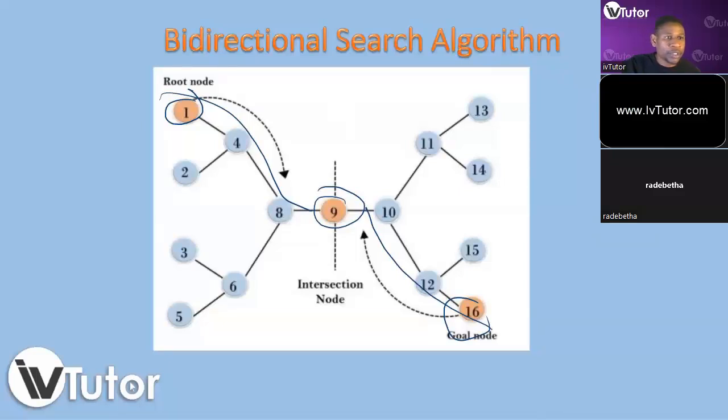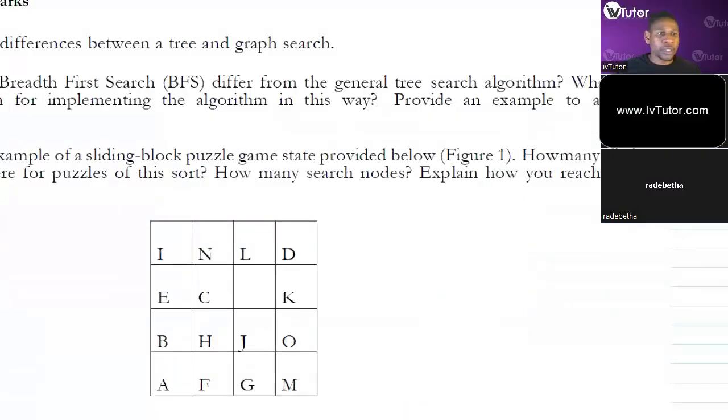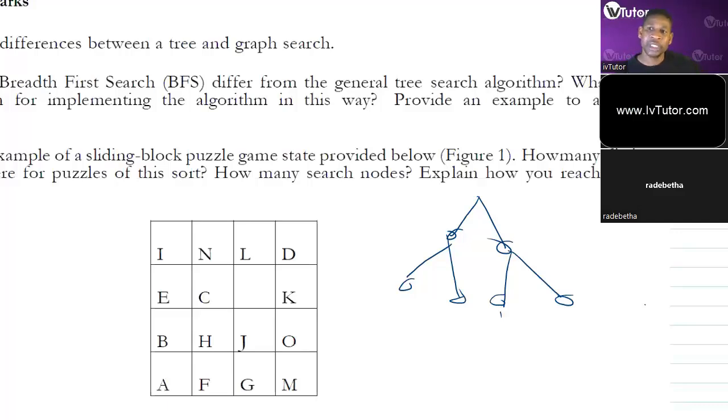There we go. It says, what are the differences between a tree and a graph? So a tree, as the name suggests, extends in one direction, whereas a graph is multi-directional. Right? That is the difference between a tree and a graph. A tree is unidirectional and the graph is multi-directional.